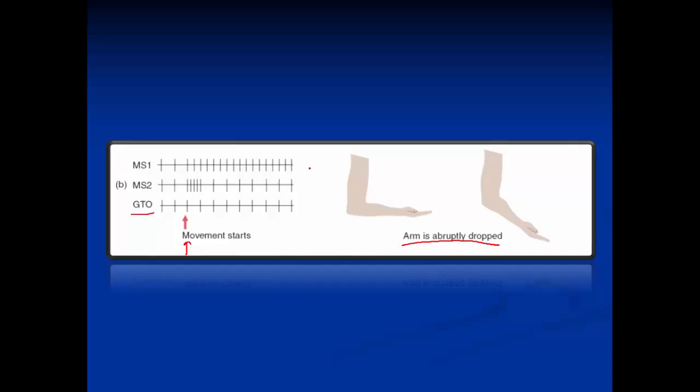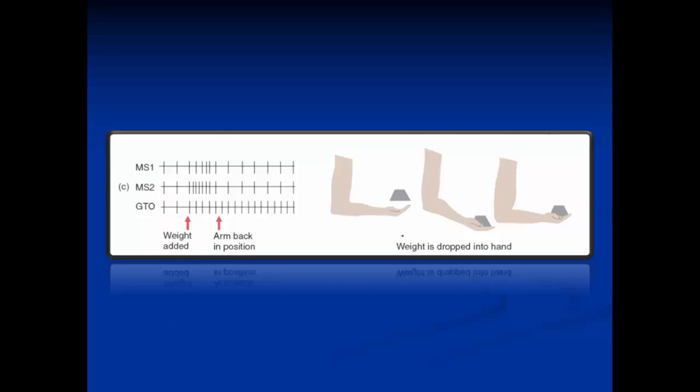Here, if we're doing it quickly though, now both of these spindles are going to respond. Okay, so the stronger the stimulus, we get a faster rate of firing within a neuron, but in addition, more neurons will respond.